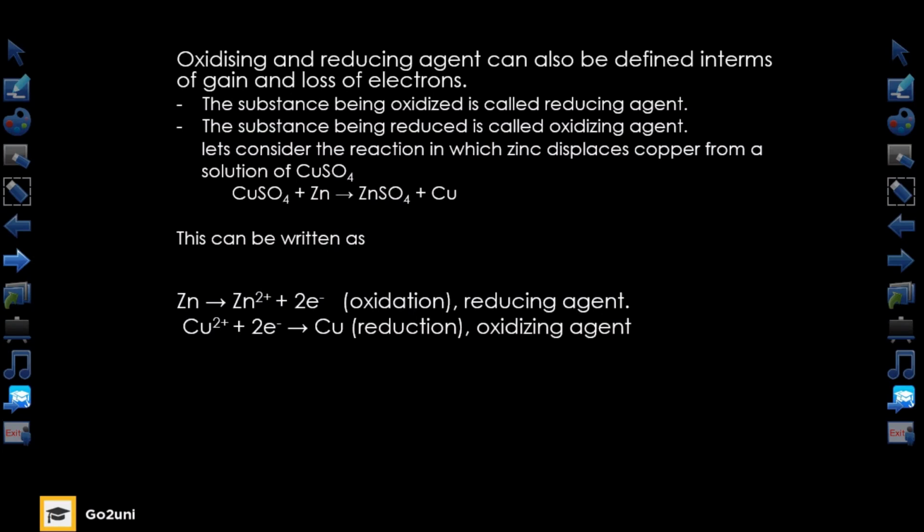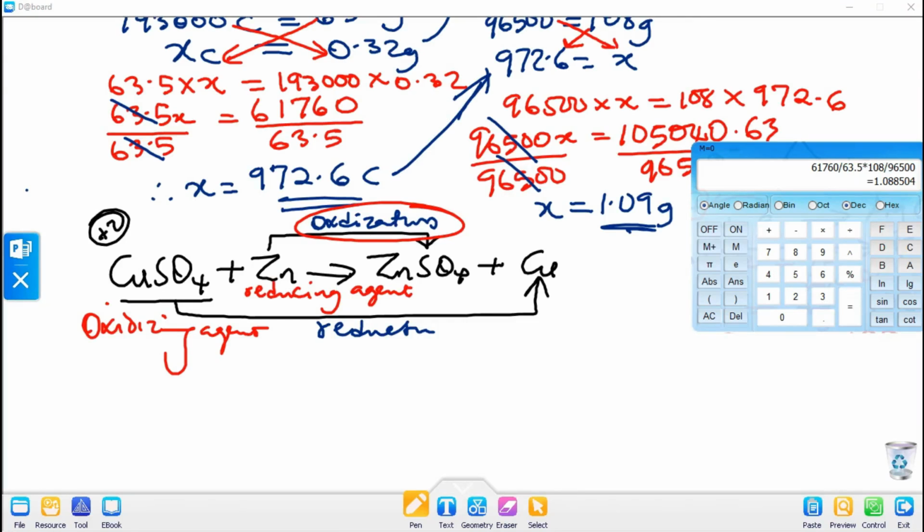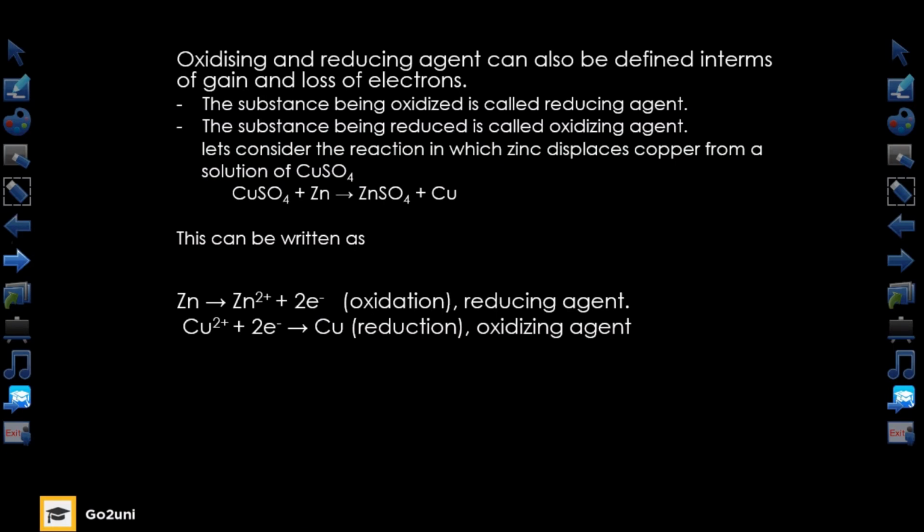The substance being reduced is called oxidizing agent. Look at it there. Copper sulfate has been reduced to ordinary copper, and for that reason it is called oxidizing agent.